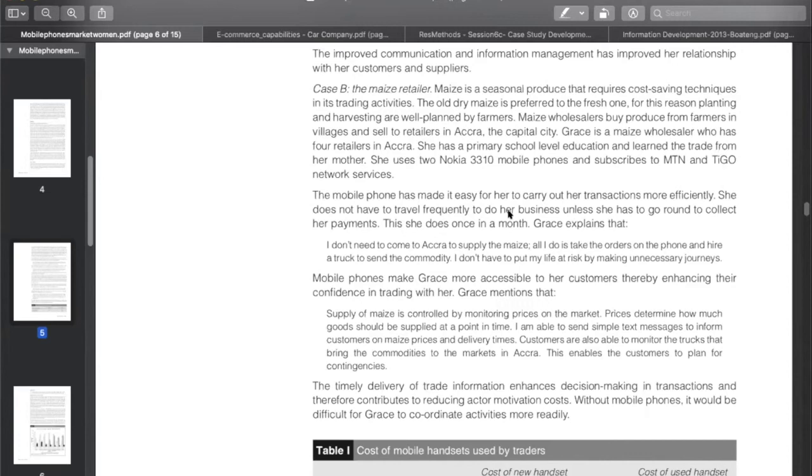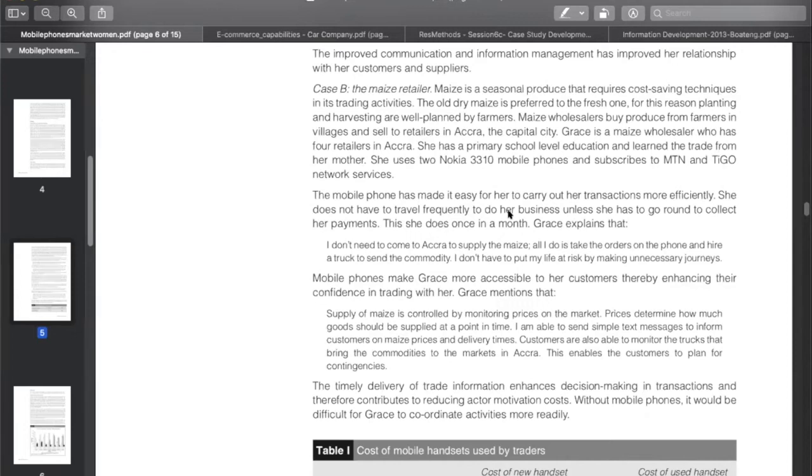A person can be, I myself as a lecturer, I'm a lecturer here, but I'm also a consultant outside. You can look at me as a consultant, or as a lecturer, and you can get different effects. If you look at me as a consultant in business, and I'm doing discussions with WHO or USAID or anything, you may say, oh, this is what the person does. But if you look at me as a lecturer, you may say something else. So here, the title is Case B, Maize retailer.